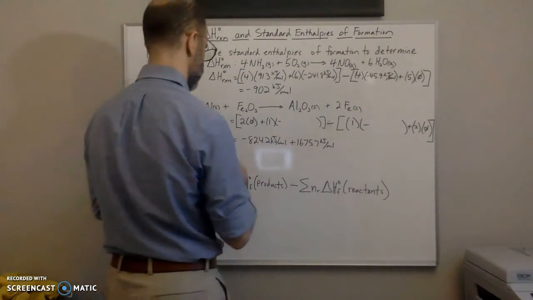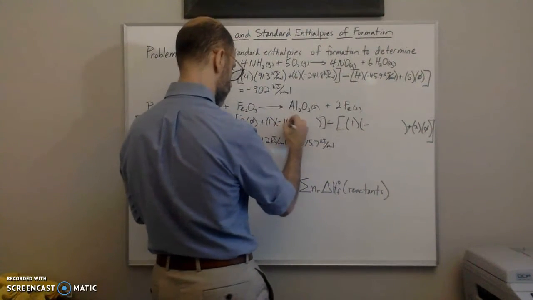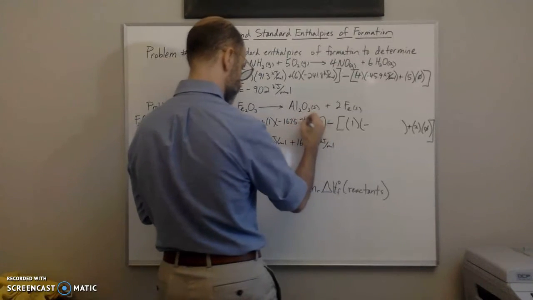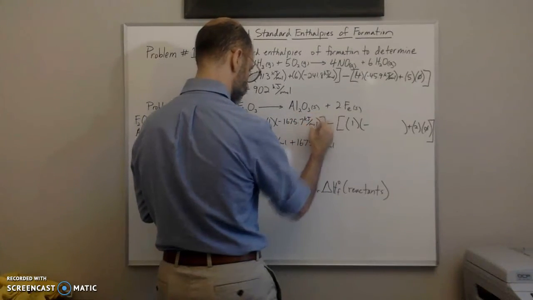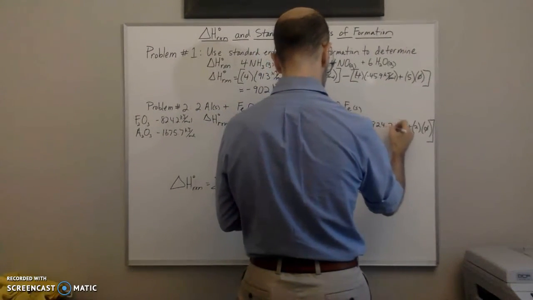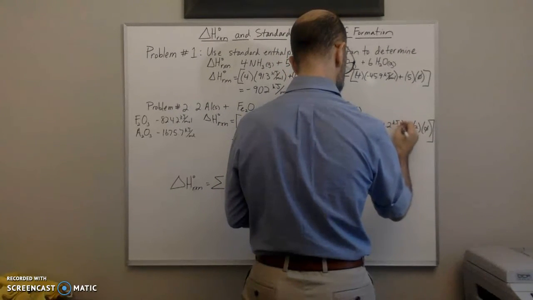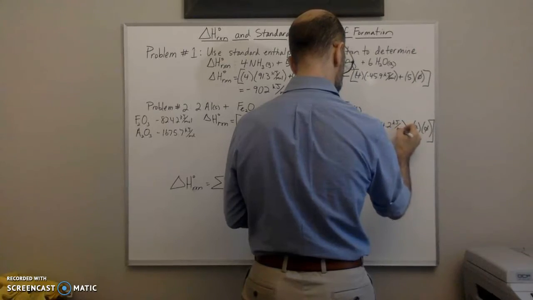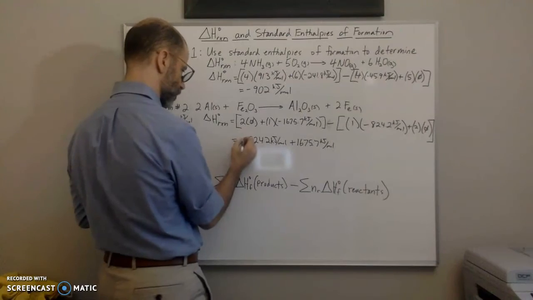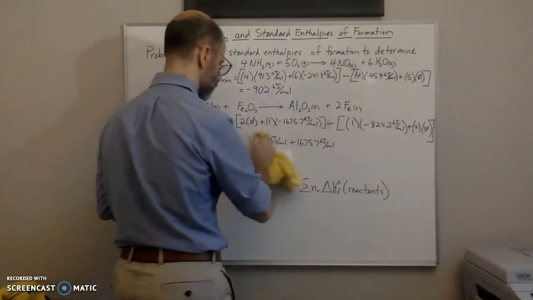So this should be negative 1675.7 kilojoules per mole, and then this would be 824.2 kilojoules per mole.